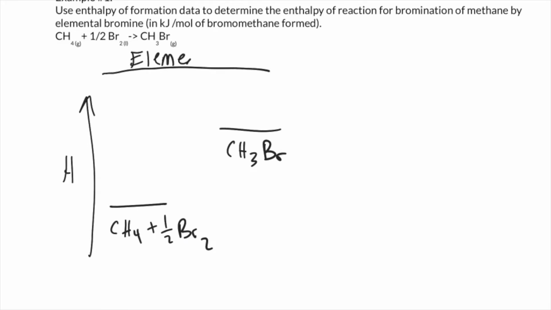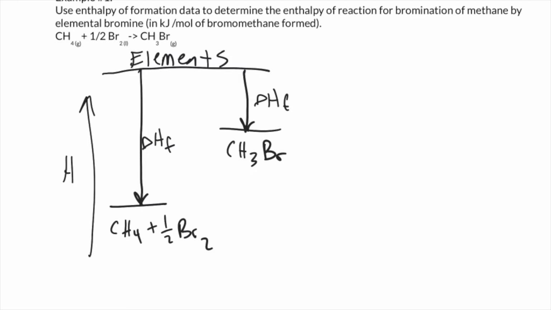Because we're using the elements in the heat of formation reaction. So the heat of formation from the elements to make the reactants, right? CH4 and bromine. Okay, there's a heat of formation there. And then there's also a heat of formation when you react the elements to make bromomethane. There's a heat of formation there.